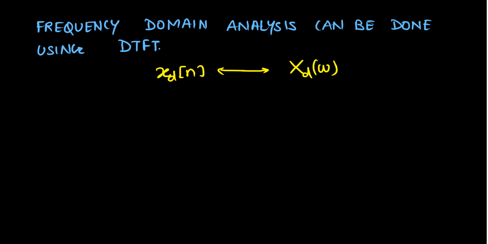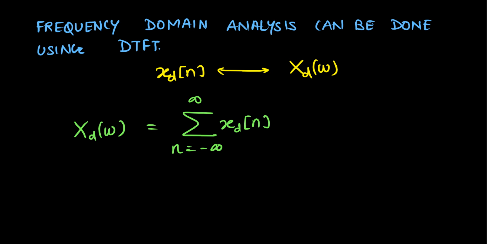So we have xt of omega equal to the summation, n running from minus infinity to infinity, of xt of n into e to the power minus j omega n. Now this xt of n is equal to x of dn. So we will consider a generalized case where xt of n is given as x of dn.